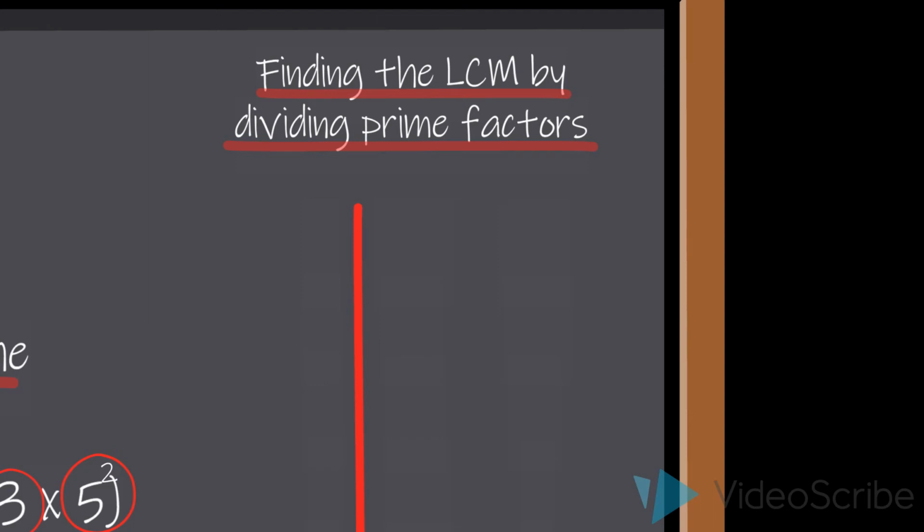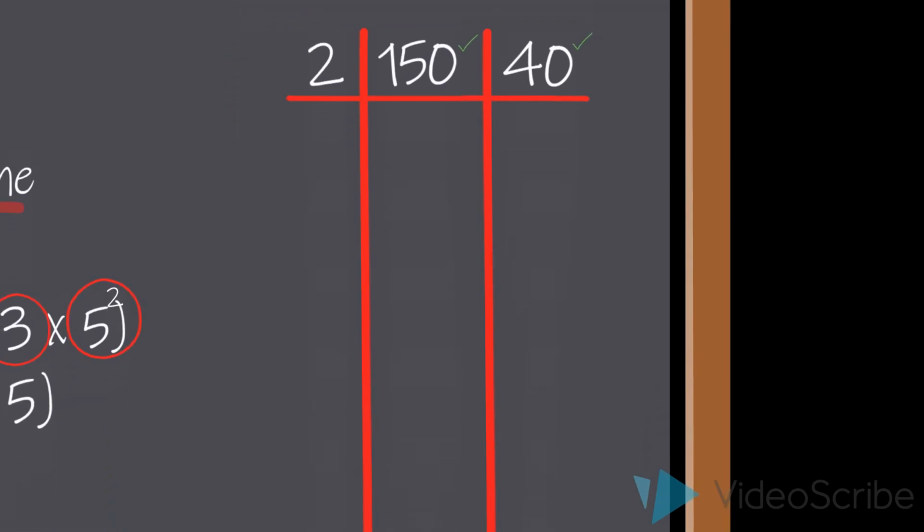For example, let's use 150 and 40 again. First, we check if our first prime number, 2, can go into either number. Yes! 2 can be divided into both numbers. We write a 2 in the left column and the answer to our division underneath each number on the right.